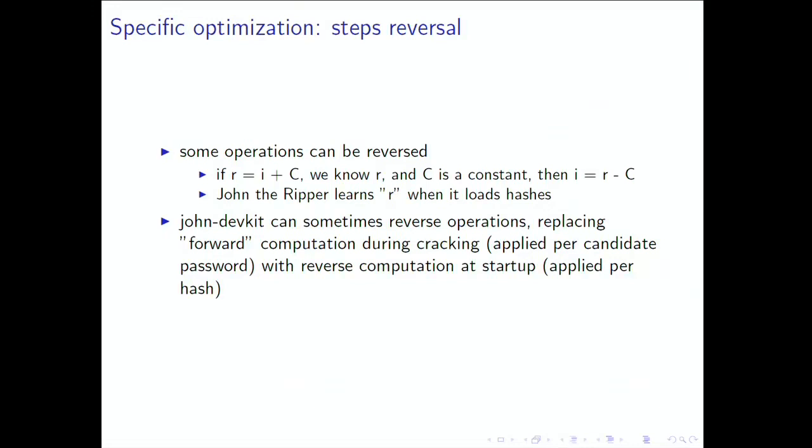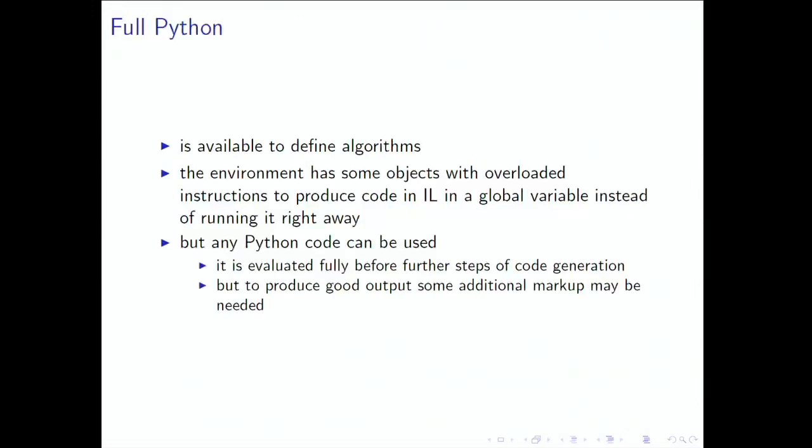It's once for hash, not once for candidate. There are not as many hashes as candidates. It's a benefit, but we need to move code to known places, so it should be reverse code with other instructions, and John DevKit does that.